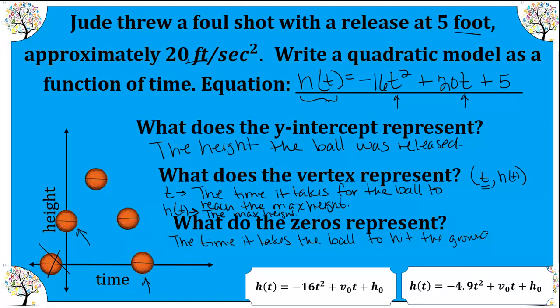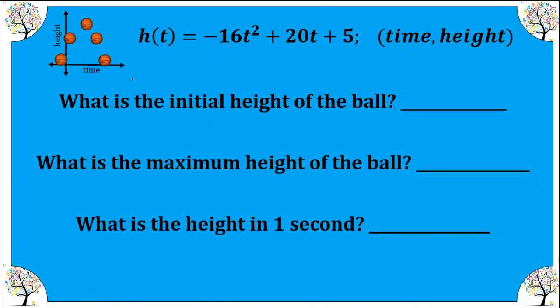Because again, when we hit the ground, we are at 0 feet. So we're going to have some value for our time when the height of the ball is 0. It is on the ground. So now let's answer a few of these questions with our model. What is the initial height of the ball? The initial height is 5 feet.